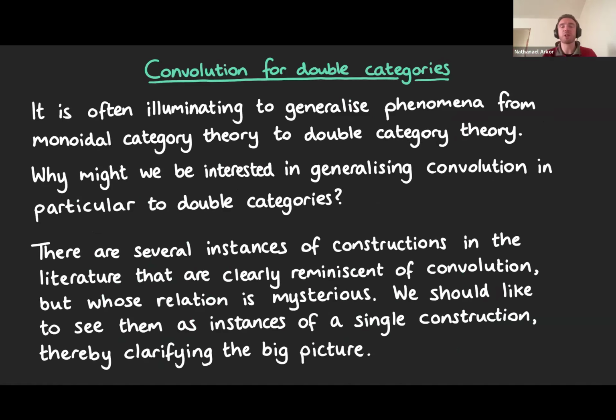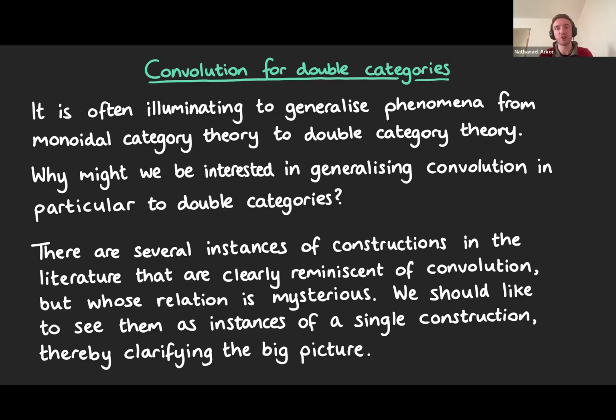Now, the principle I want to illustrate today is that it's often useful in category theory, when we see some construction or some property of monoidal categories, to try to generalize it to double categories. There are many instances of this sort of phenomenon being useful in the literature, which I'm not going to mention now. I'm just going to talk about the specific case of trying to generalize convolution from monoidal categories to double categories.